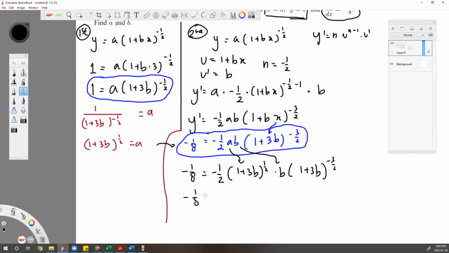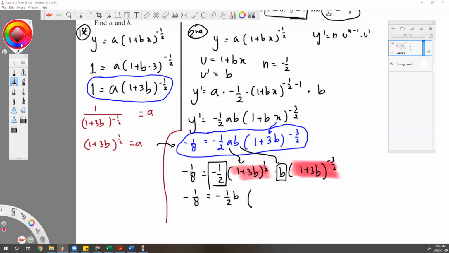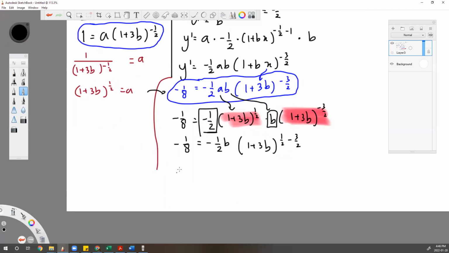And negative 1 over 8 equals negative 1 over 2 b, right? This is the same term, so you just add the power: 1 plus 3b power half minus 3 over 2. So negative 1 over 8 equals negative half b times 1 plus 3b power negative 1.